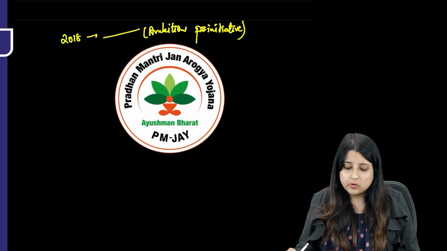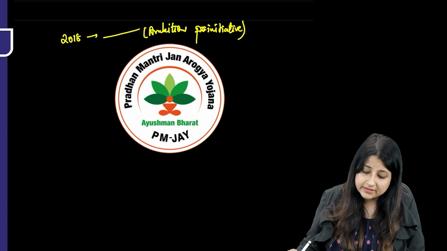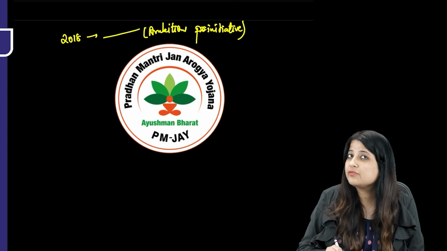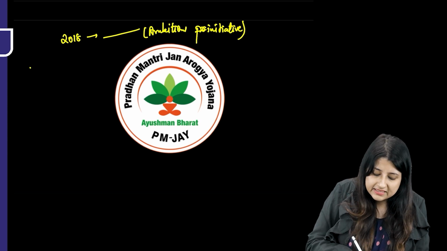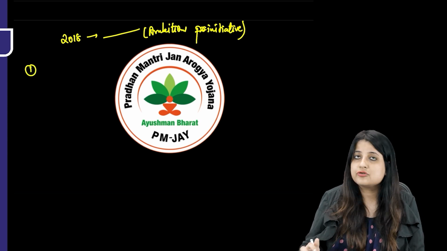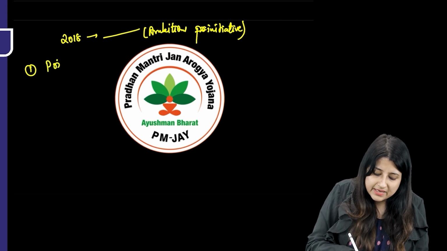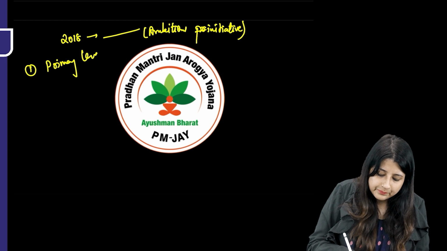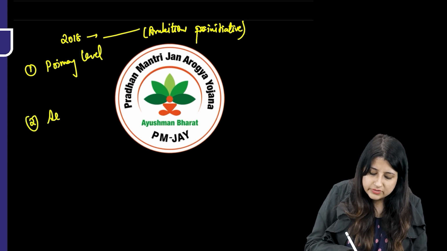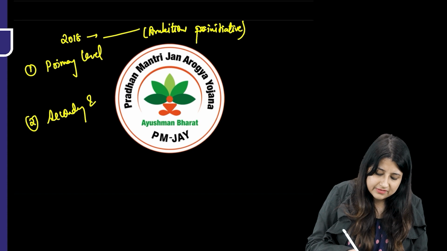The important thing is to look at its logo, different shades of green. Under this Ayushman Bharat, we were trying to cater to the primary level and also to secondary and tertiary levels.